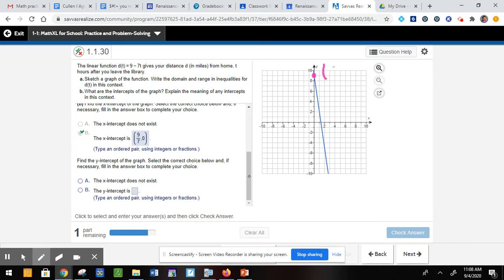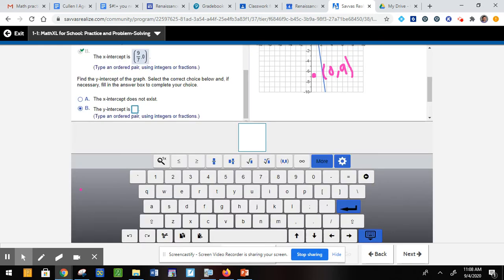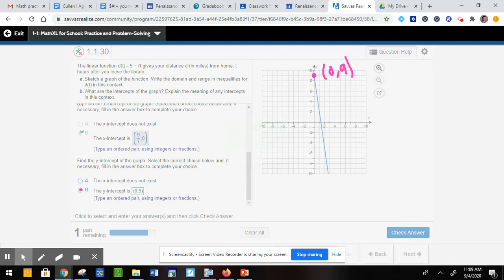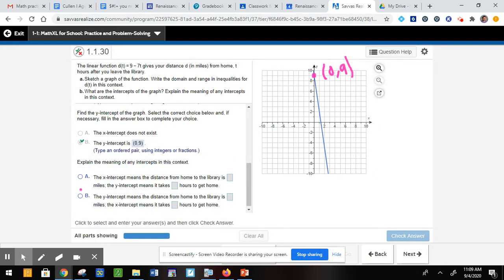The y-intercept is the ordered pair 0, 9. Okay, so again, it's going to ask us to enter the y-intercept as an ordered pair of 0, 9. Okay. Check our answer on that. That's good. Okay, explain the meaning of any intercepts in this context.